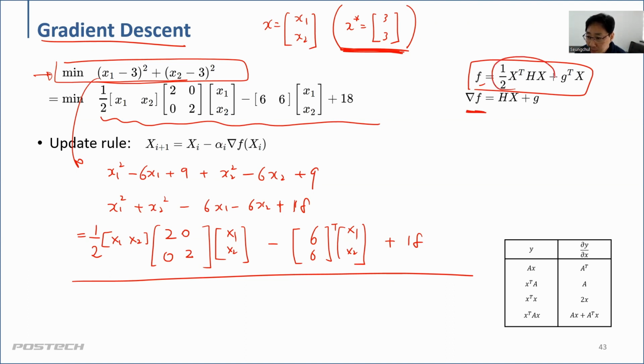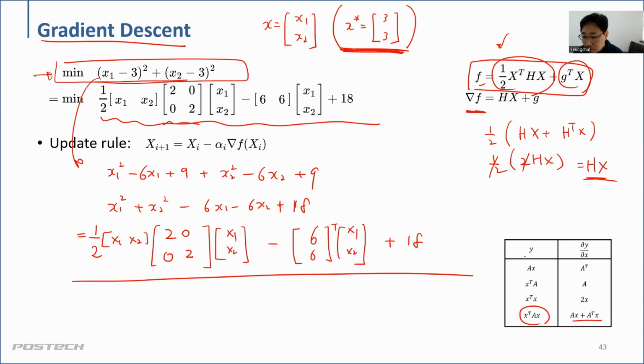For the gradient of this function, it's like that. We have H transpose X, but if you look at H, it's symmetric. So it's 2HX, and it's HX, which is why I had one and a half over there.